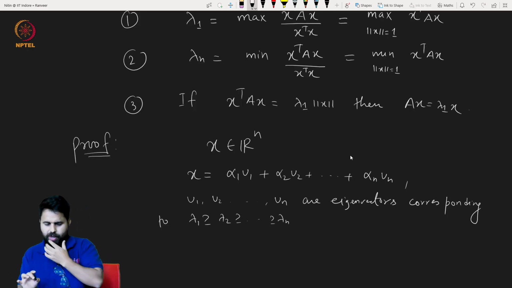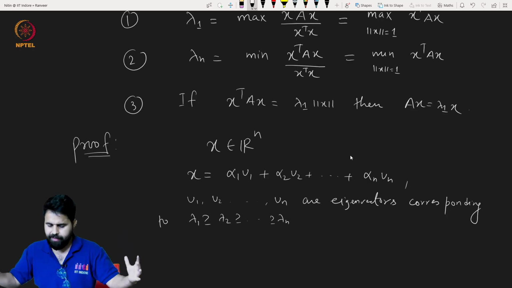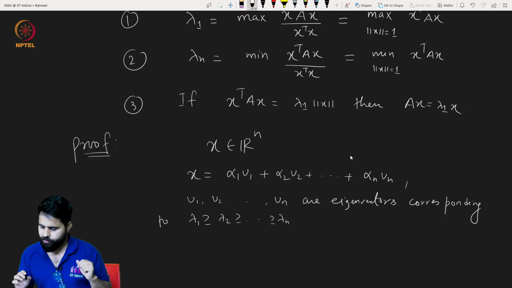Very simple. So I can write any vector x as a linear combination of these vectors.